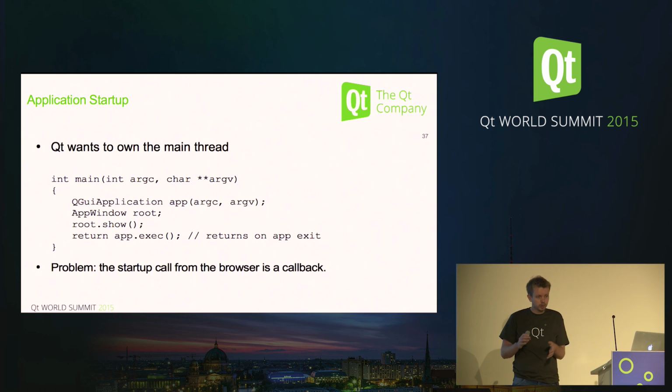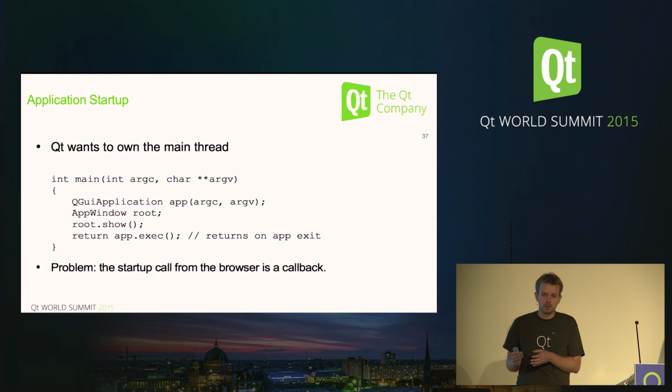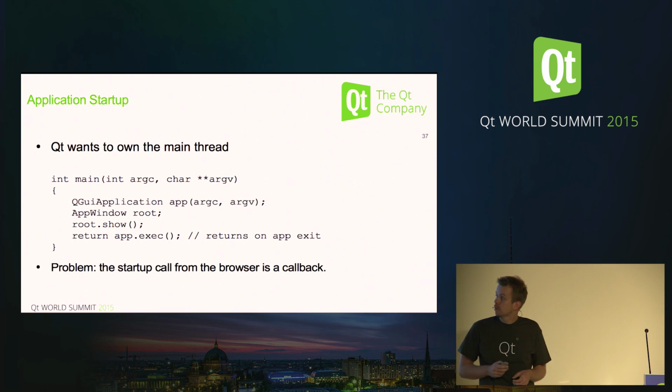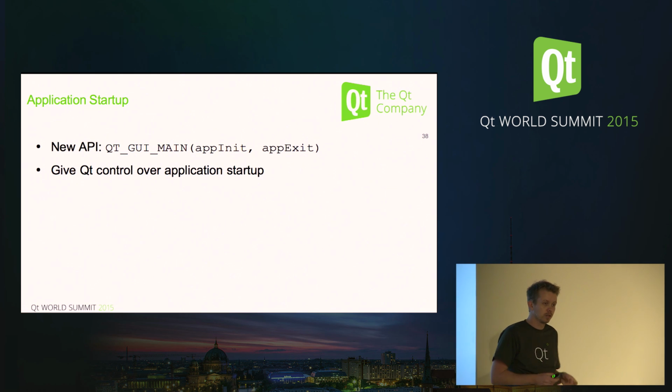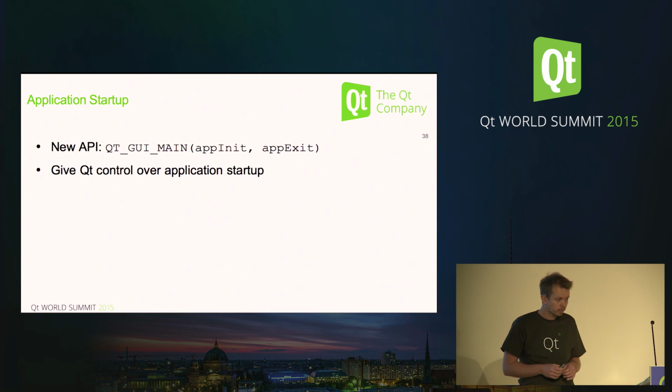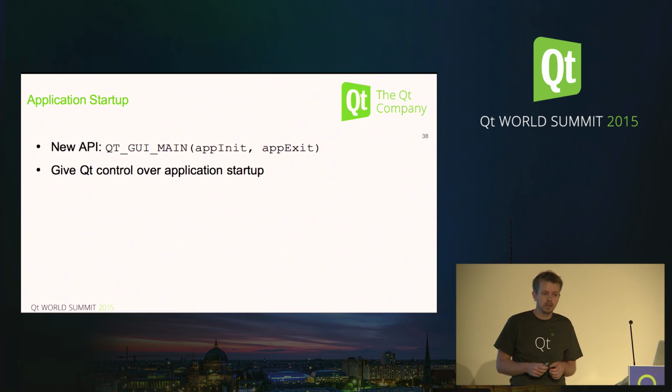And the problem here is that the startup call from the browser is a callback, which we have to return from. So the case here is slightly different. We can't take and hold the main thread. We have to return control to the browser. So we need a new API. At least that's the current solution we have in the native client branch. So that's a macro, Qt main. It takes an init function and an exit function. And this gives Qt control over application startup.